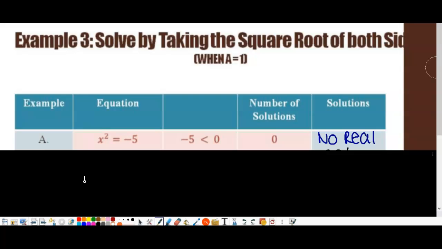Negative 5 is less than 0. Therefore, you have no real solution. If you isolate x squared and it is equal to a negative, that is the no solution case for these problems. That would also be like if you were factoring and you had a sum of squares. Can you factor a sum of squares? That is prime.